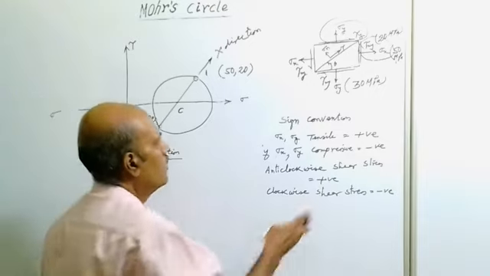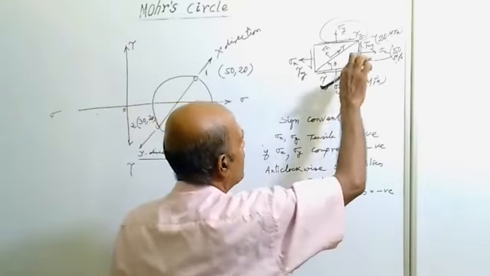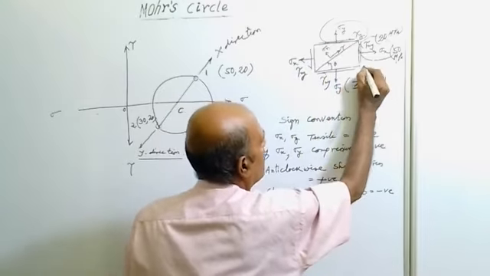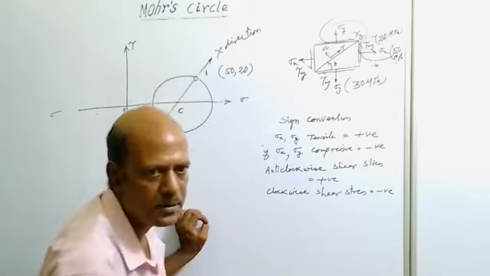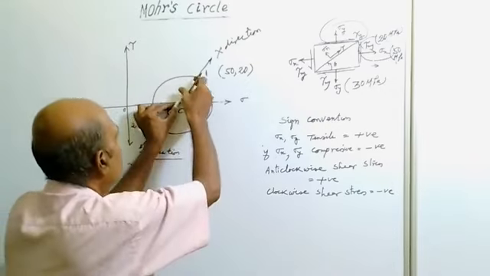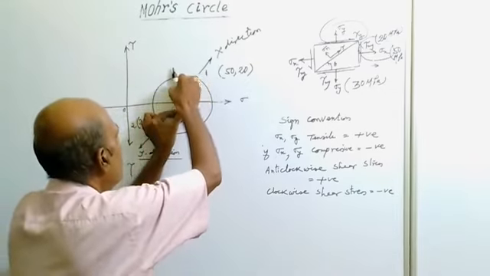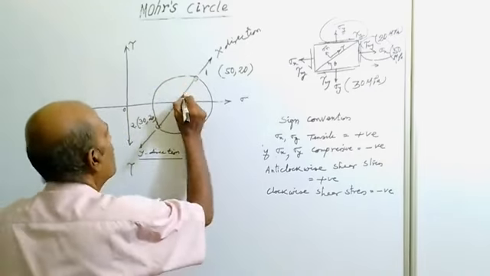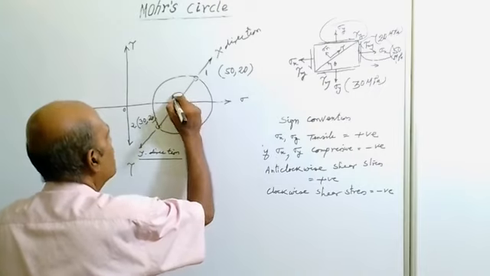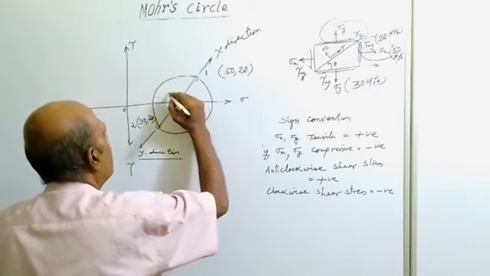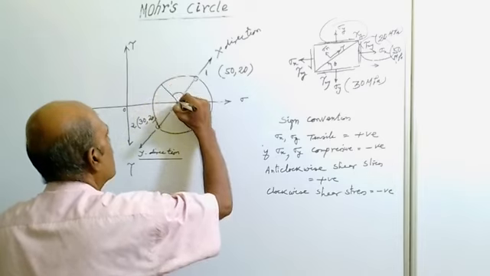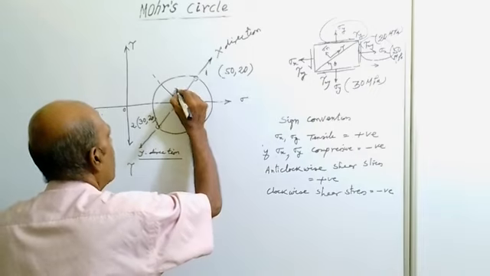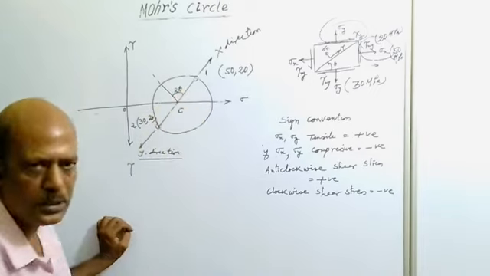Now in the stressed body, just locate the plane. Plane is at an angle theta from x-axis in anti-clockwise sense. So here we will rotate this x direction by 2 theta angle in the same sense. So if we rotate this x direction, you measure 2 theta angle. So here I am writing 2 theta angle.